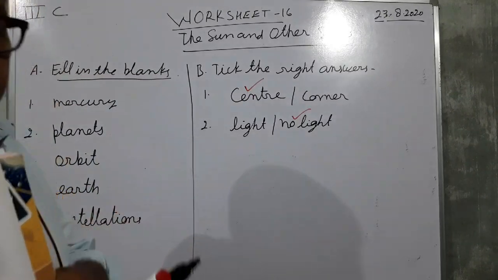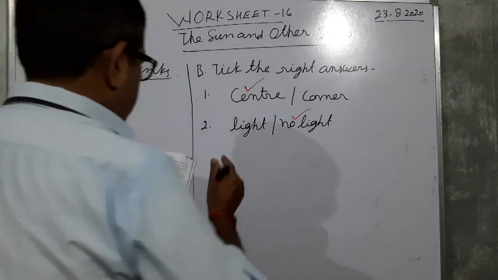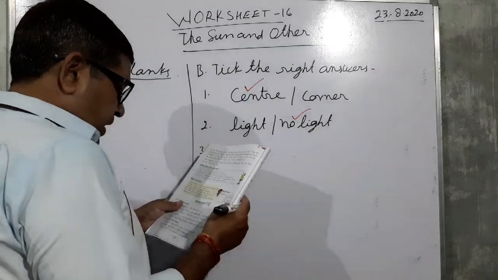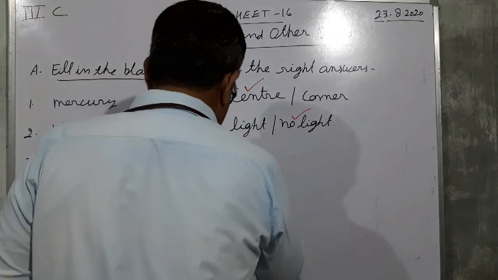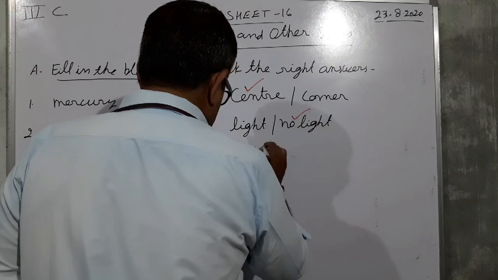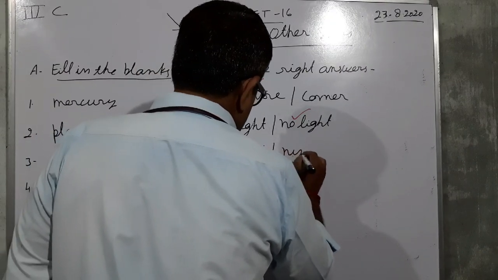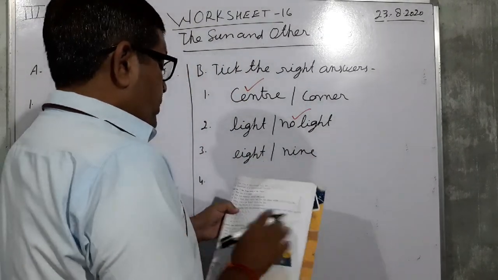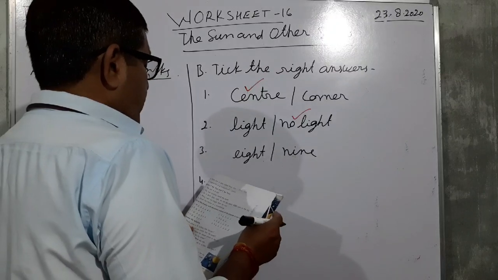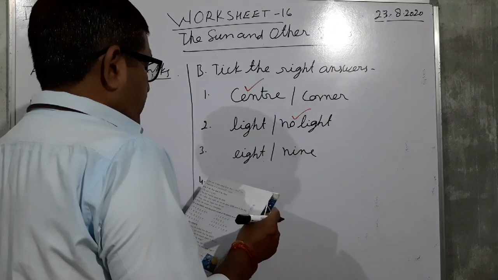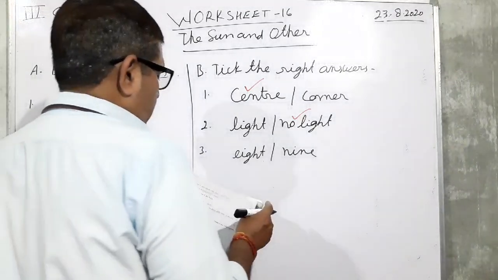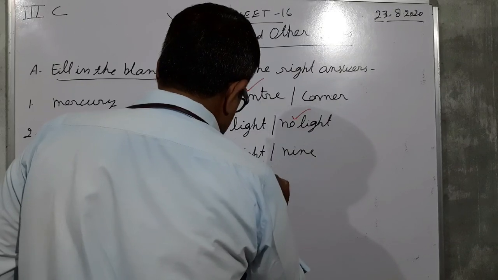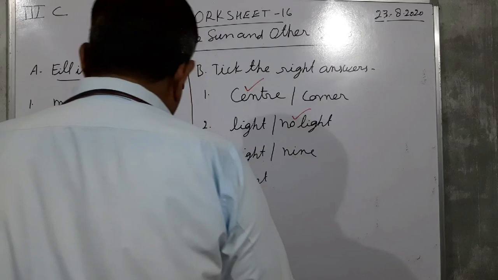And third, next we have to write, third you see, there are 8 or 9 planets in the solar system. And fourth, you see, pole star is also called Great Bear or Dhruv Tara.